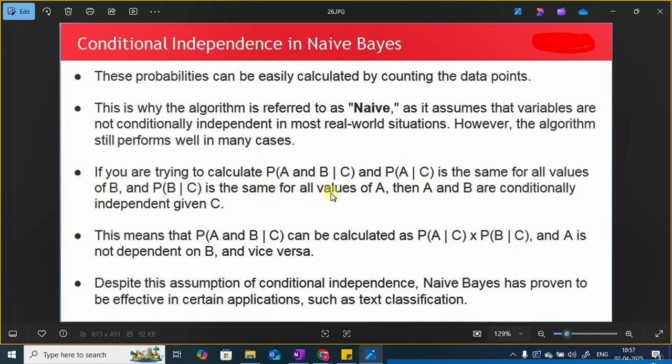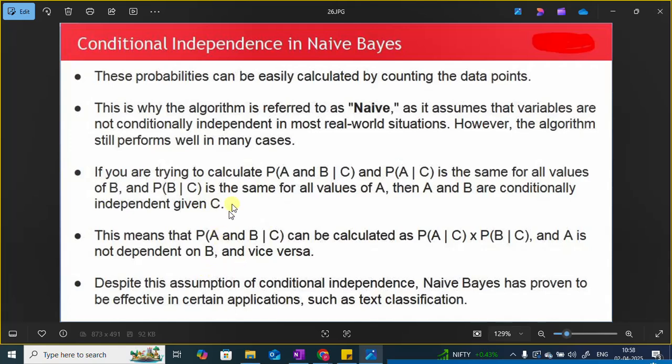If you are trying to calculate probability of A and B given C, and probability of A given C is the same for all values of B, and probability of B given C is the same for all values of A, then A and B are conditionally independent given C. This means that probability of A and B given C can be calculated as probability of A given C into probability of B given C, and A does not depend on B and vice versa.